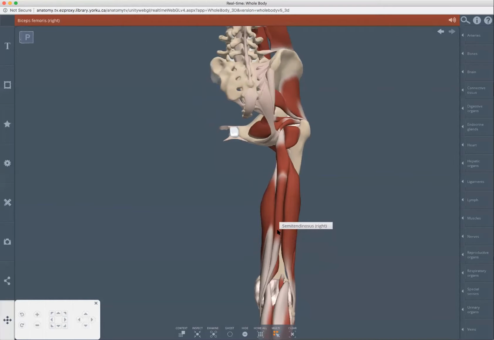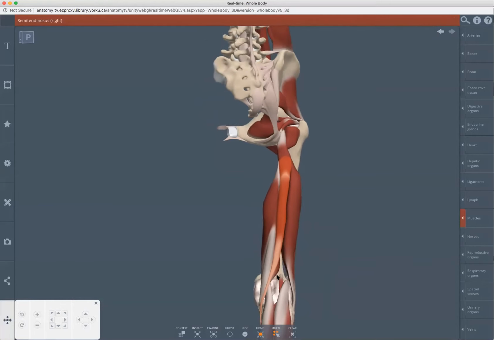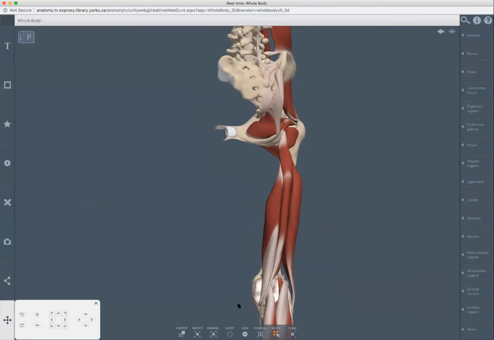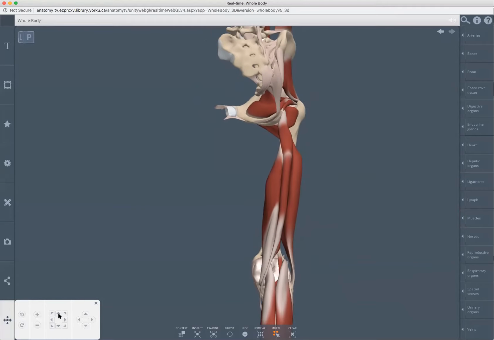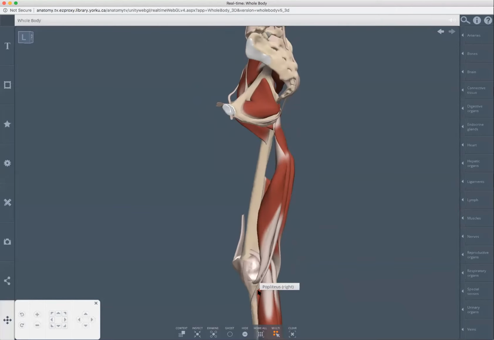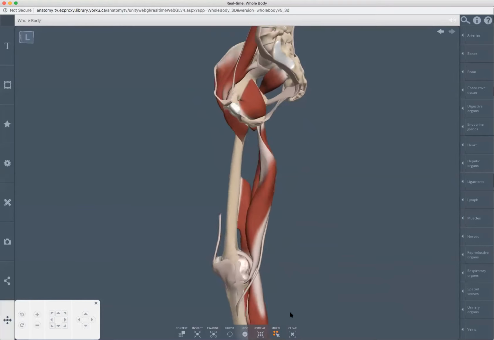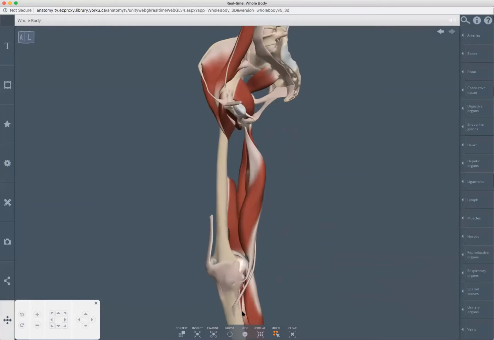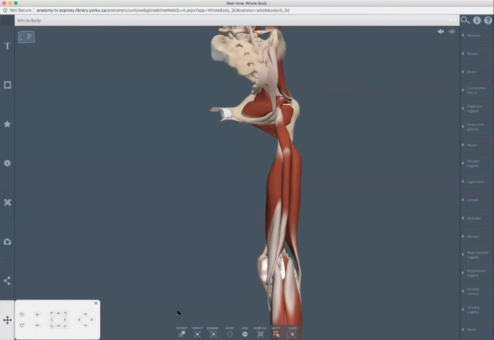And medially we have semitendinosus. I remember it because it has a very long, skinny tendon, and we can't even see the whole thing in this image. You can see the semitendinosus tendon wraps all the way around, almost anteriorly on the tibia, a lot more forward than the other muscles.